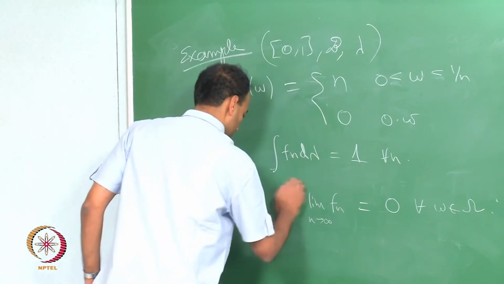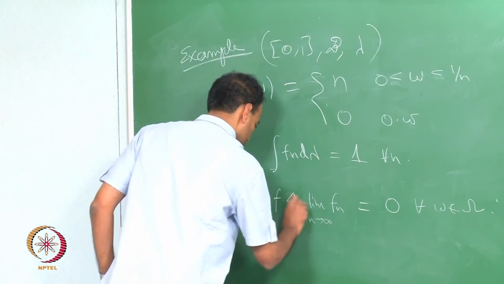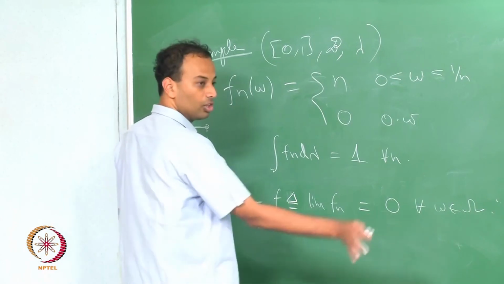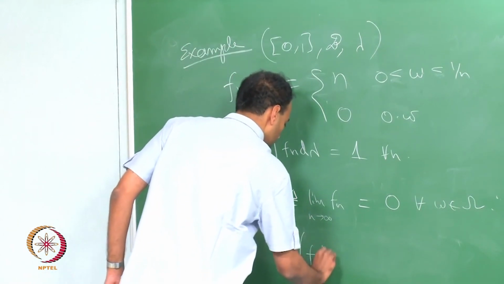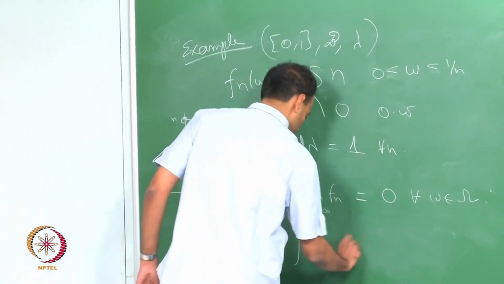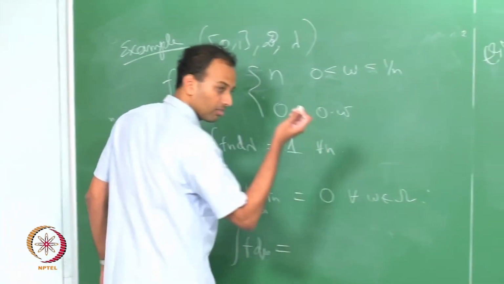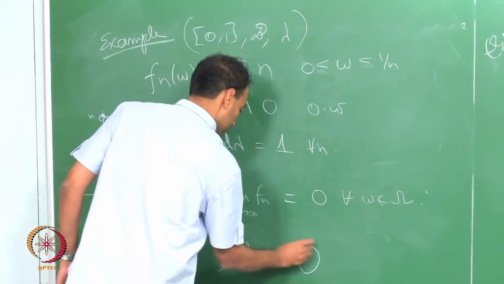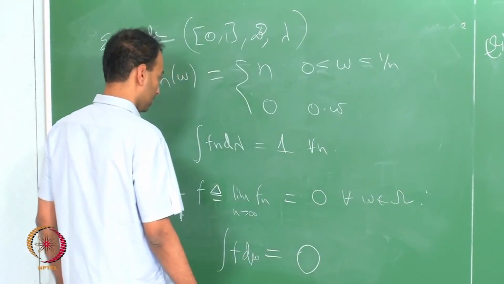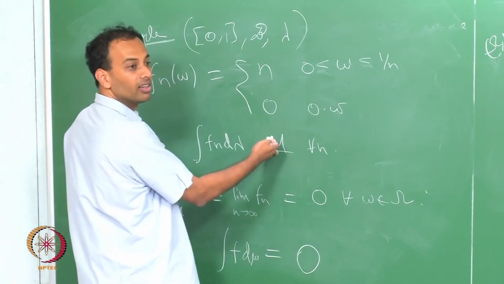If I look at f defined as the limit of f_n, this is 0 for all omega, and the integral of f d mu will be equal to 0, right, and this is not equal to 1.